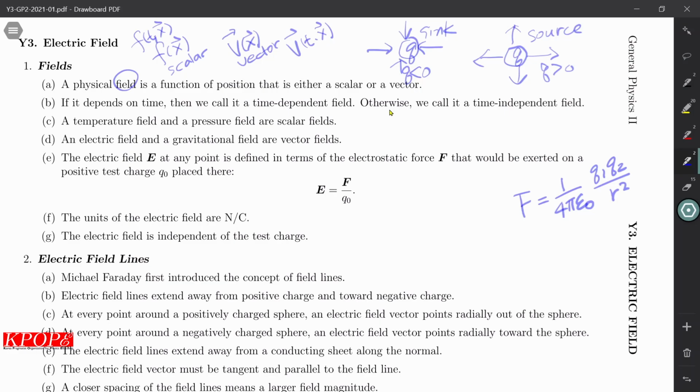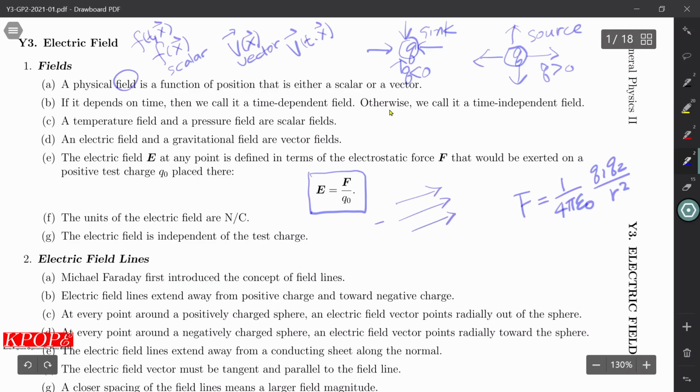Electric field is defined as the force divided by charge. For example, we have some electric field E present.